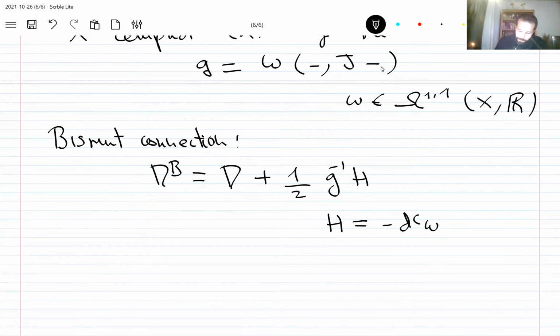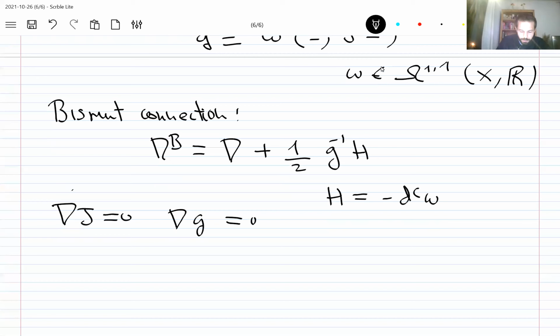And the nice thing about this is that it is the only connection with totally skew-symmetric torsion which preserves the complex structure and also the metric. So this is a unitary connection. So this is Bismut. So nabla^B is unitary.